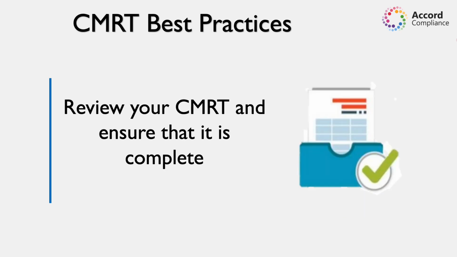And finally, review the CMRT submission to ensure that it's complete. Make sure that you don't have any of those yellow incomplete highlighted fields or any red errors. There's also a check tab on the CMRT form to help you identify if you have any conflicting answers and to make sure that everything is filled in properly.